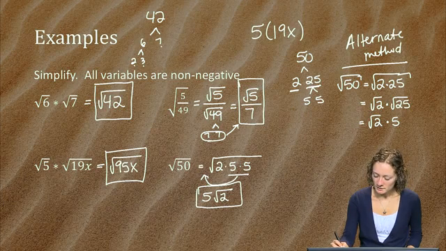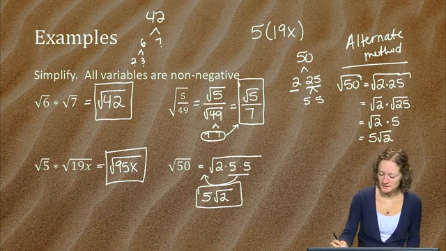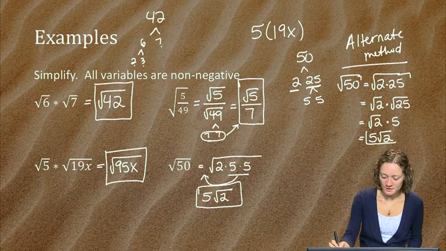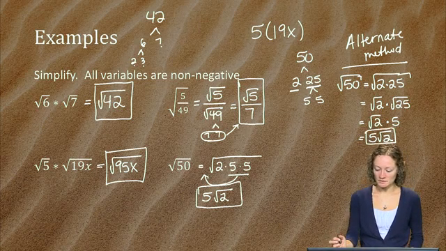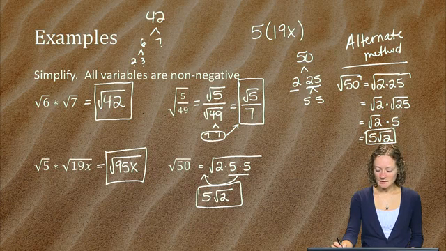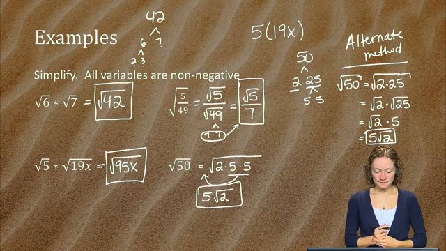So typically, if there's a whole number, so a 5, something that came out, we write it in front of the radical. It's just a standard practice. It's not necessarily wrong, but you aren't going to see it written like that anywhere else. It'll always say the piece that came out, 5 square root of 2, with the radical after it.